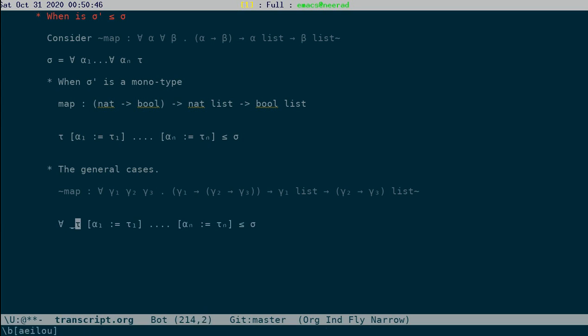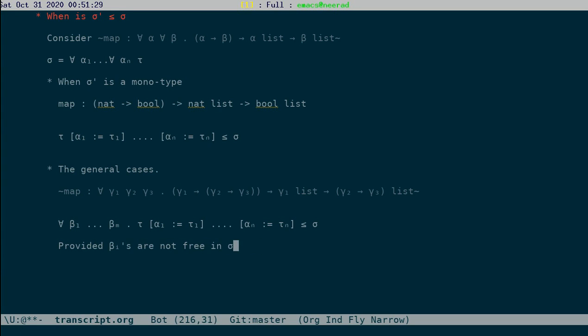This might be new variables, beta 1, etc., and there might be more than n variables, m, is less than or equal to sigma, provided, and this is very important, this sigma has quantified over alpha 1 through alpha n, but it might have other variables in tau. So what we want is that these beta should not be those variables. So the beta i's are not free in sigma.